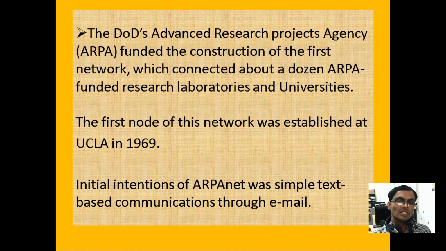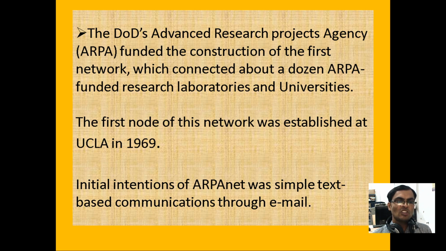Coming to the second research for the DOD, the Advanced Research Project Agency, ARPANET, was connected with universities and laboratories. While doing this research, they established the first node at UCLA in 1969. UCLA means University of California, Los Angeles.